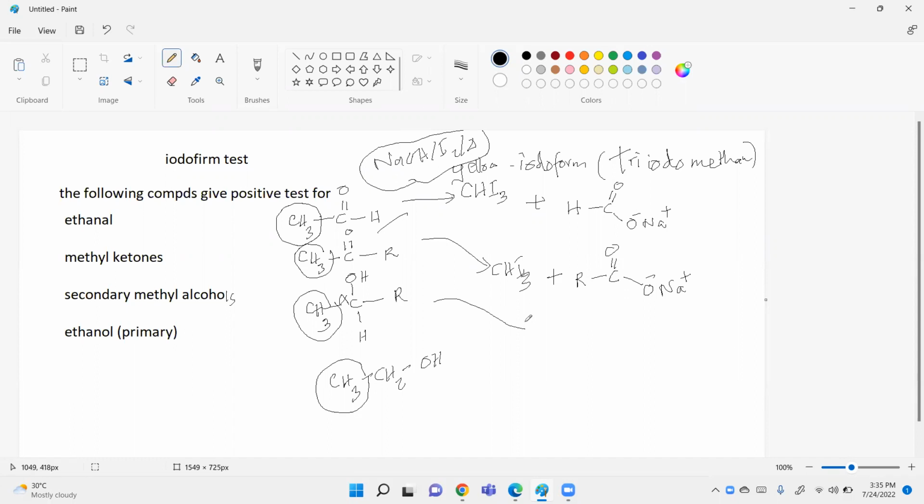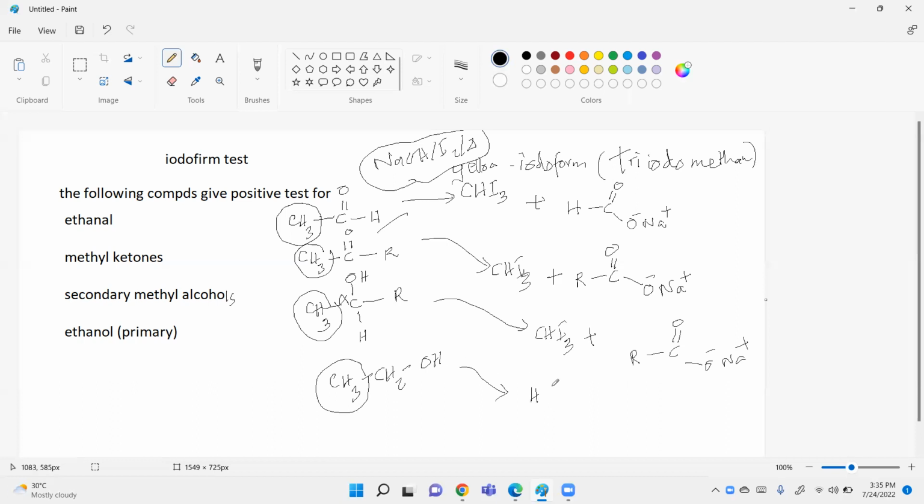And what about here? Here also this CH3 part goes out as CHI3, and the other part comes as RCOO minus Na plus. This one also produces a similar thing.